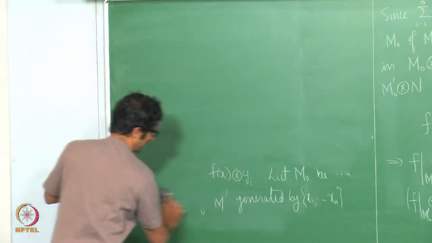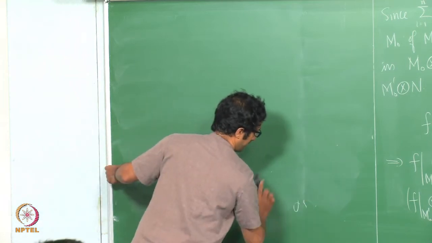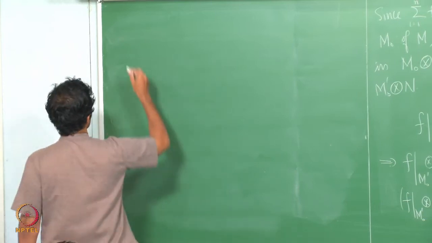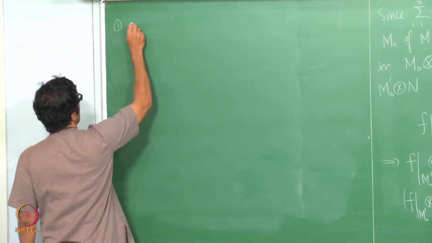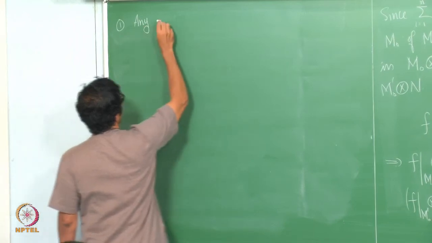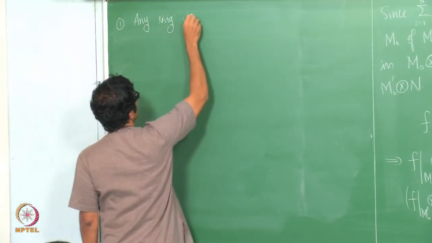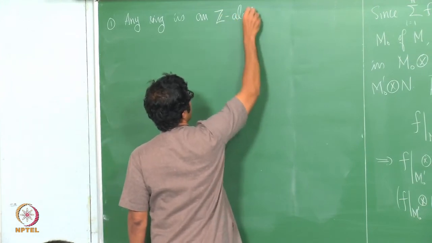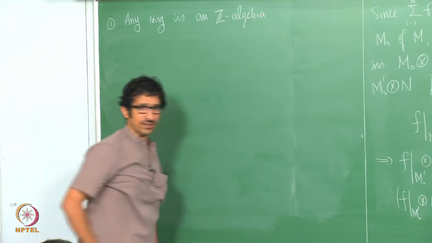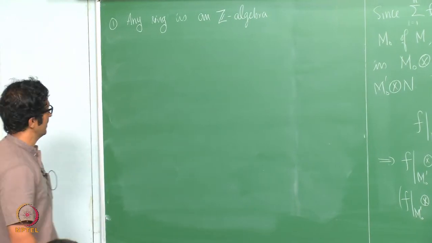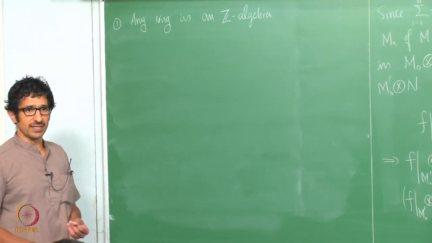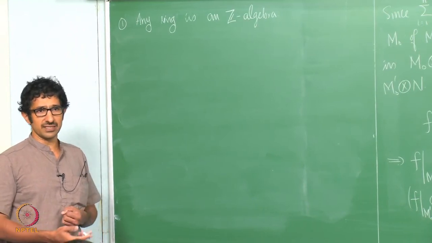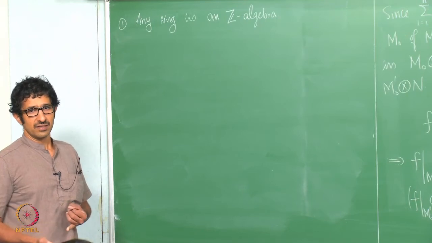A trivial example is that any ring is a Z algebra. It has a ring structure, and any commutative ring is a Z module.